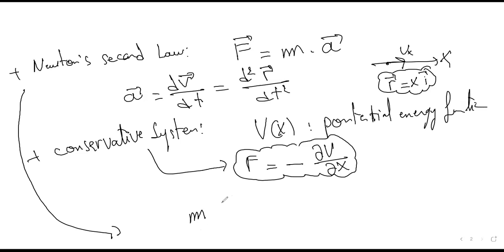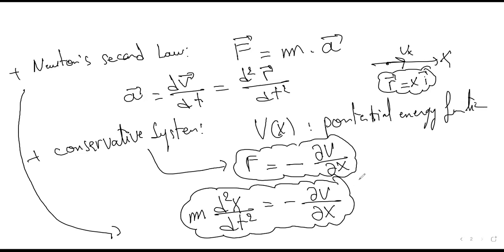We have the mass times the second derivative of x with respect to the time, which is equal to minus the derivative of the potential V with respect to the x dimension.